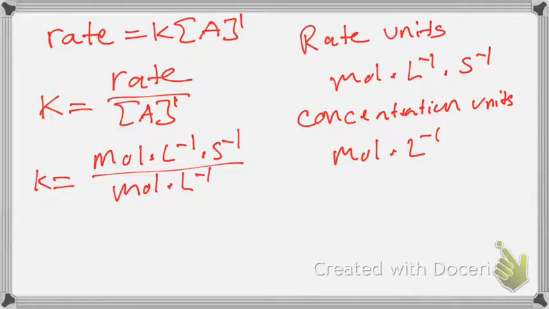Do a little bit of algebra, and those expressions should cancel out, leaving you with per second. So the units of K are just simply per second. All right, so anytime you have a first order reaction, the units of K are always going to be per second.